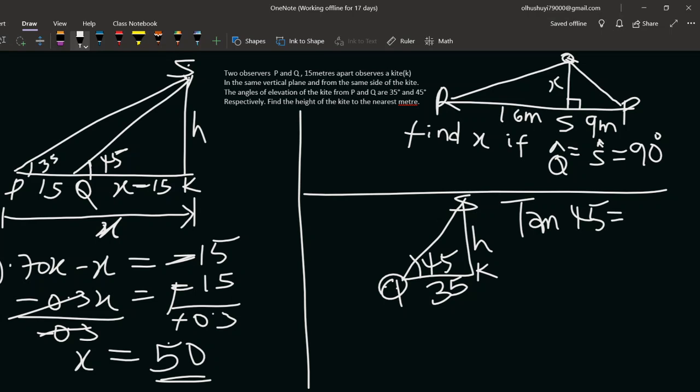tan 45 can be equal to h, height upon 35. So h is equal to tan 45 times 35.